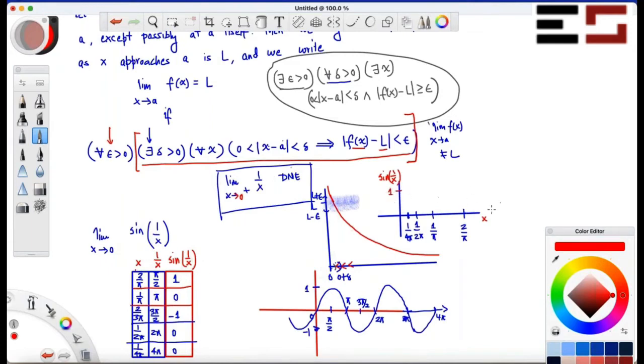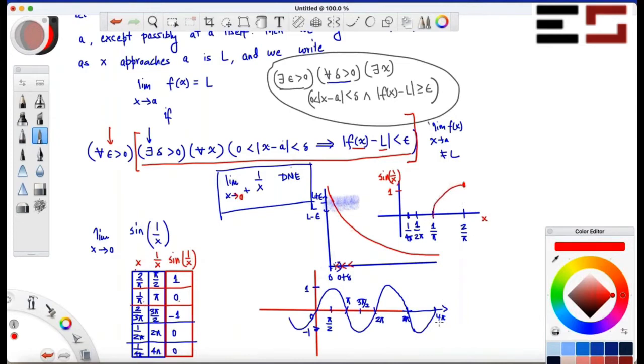This is the point on the graph, and then as it goes from pi by 2 to pi, it goes from 1 to 0. So here we are going from 2 by pi to 1 by pi, and it's going to become 1 to 0. So it's going to look like this.